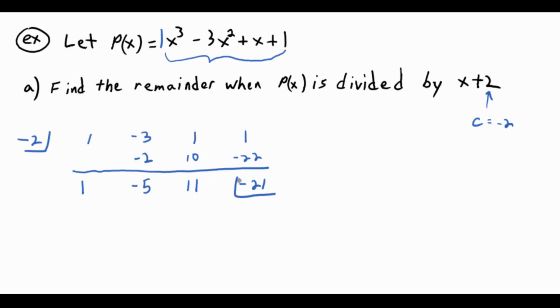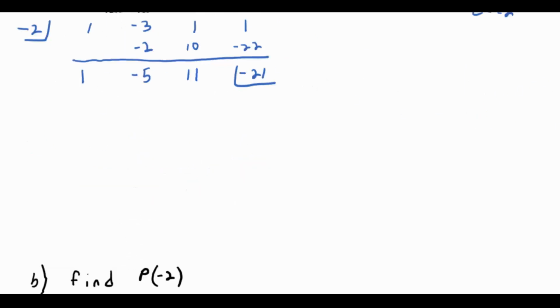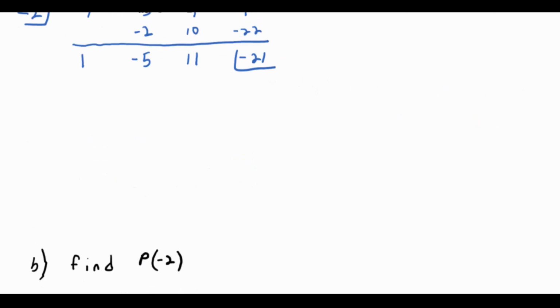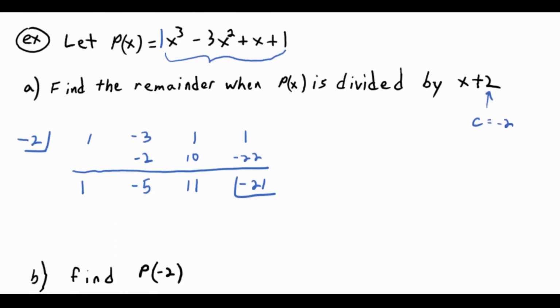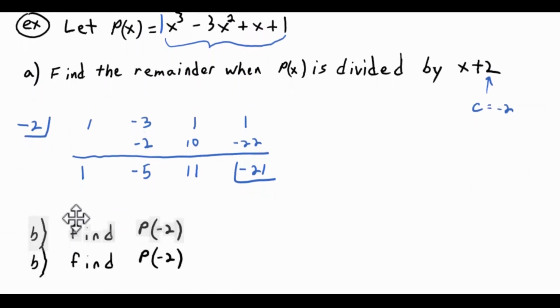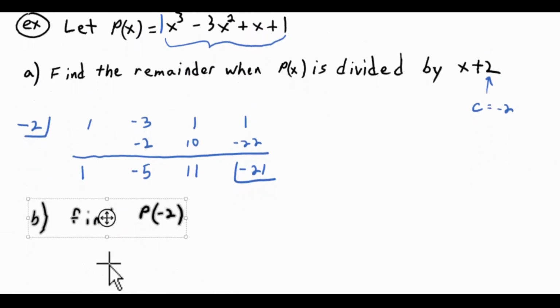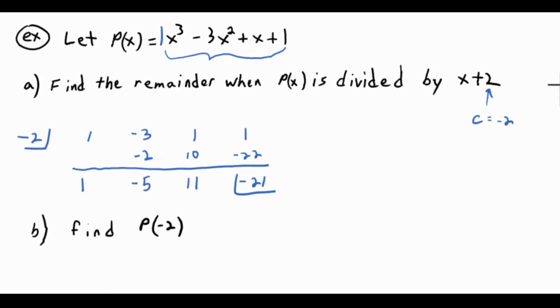Okay, so now we haven't talked about the remainder theorem yet, right? That's part B of this example. Part B says, find P of negative 2.